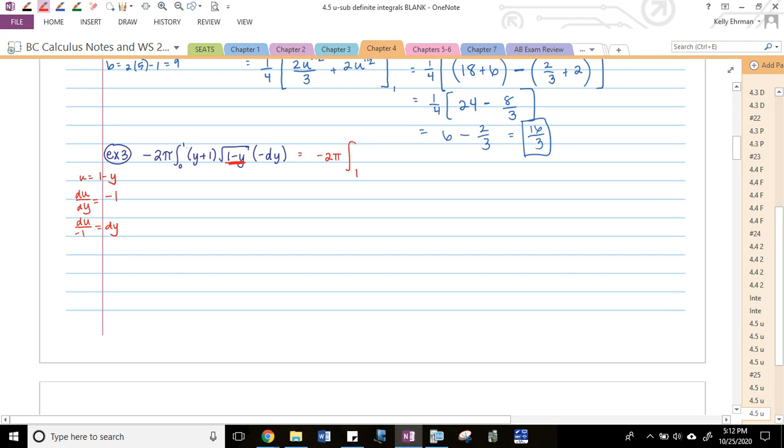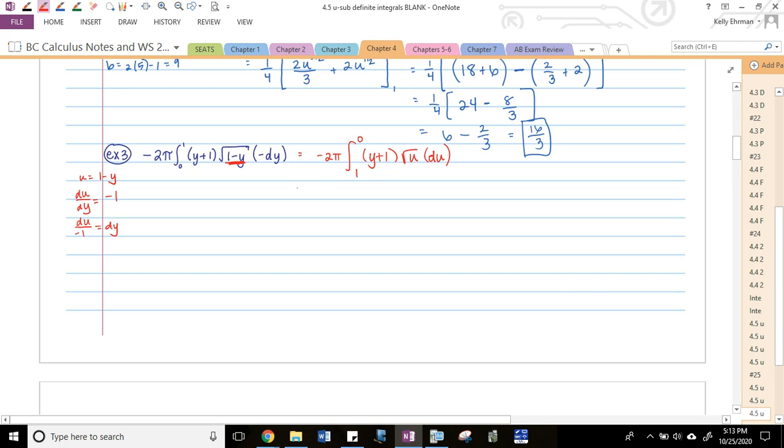If we put in 1 for y, we get 0. Oh, that's weird. That's backwards. Y plus 1 square root of u negative dy. Oh, no, just kidding. Negative dy, but dy is negative du. So negative dy is just du. All these negatives. Hopefully I'm not confusing you.